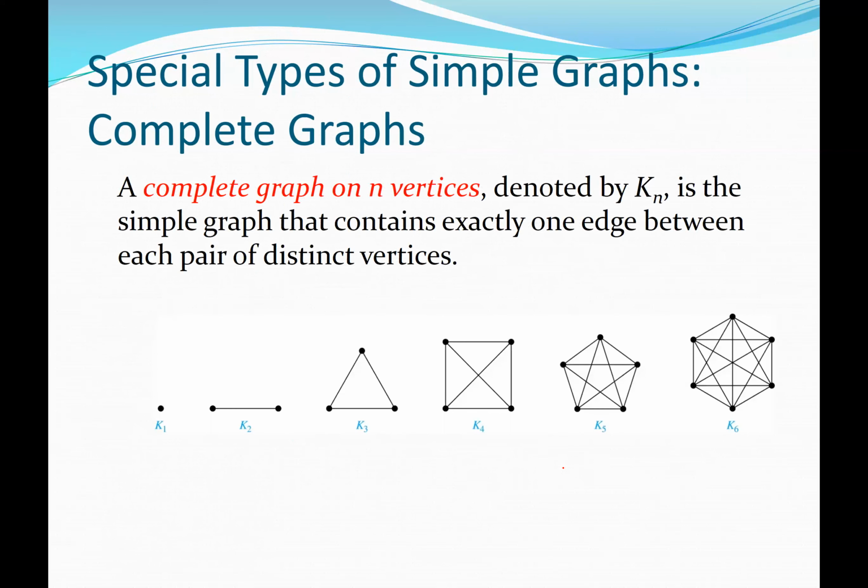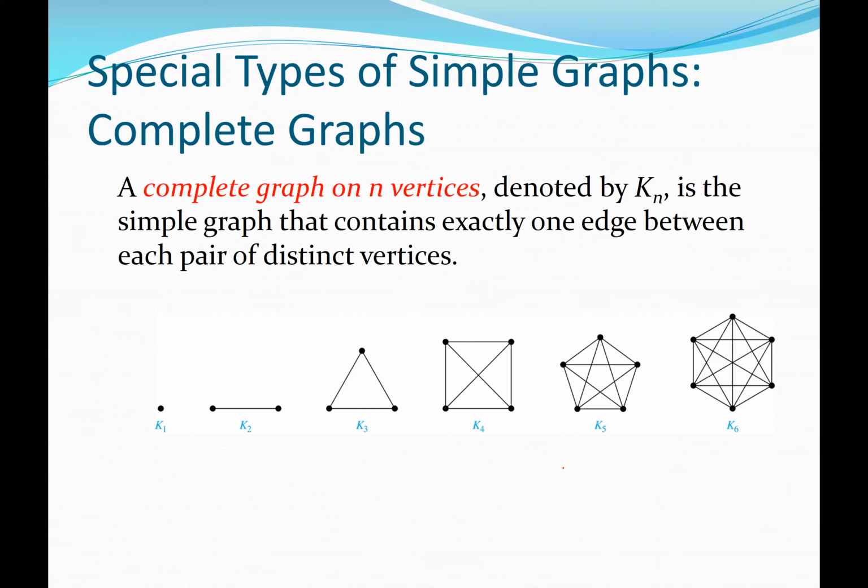So here are a few examples of complete graphs. K1 is only one dot, K2 is two dots, then K3, K4, K5, and K6. All right, so that's a complete graph. Each pair of vertices is connected by one edge.